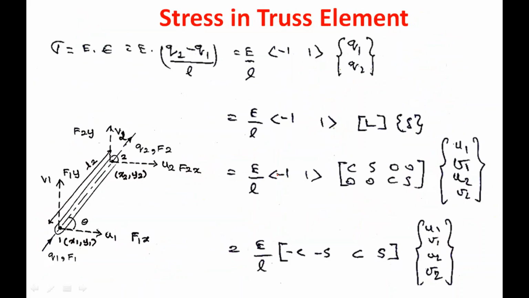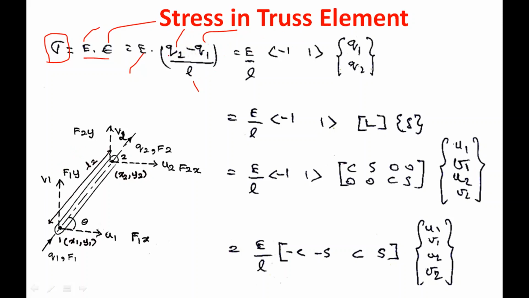Let us see how to evaluate the element stress for a truss problem. In case of truss, the element stress sigma can be evaluated as the product of Young's modulus E and the element strain epsilon. By definition we evaluate the strain as Q2 minus Q1 by length, where Q2 and Q1 are local displacements and L is element length.